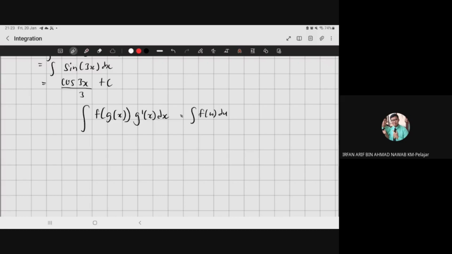By using the substitution method, find the following. Let's go through the first question. They gave us an integral of 3 times 2x plus 1 to the power of 2 over 3 dx. Now, you might be thinking, we could use the rules of integration from previously.